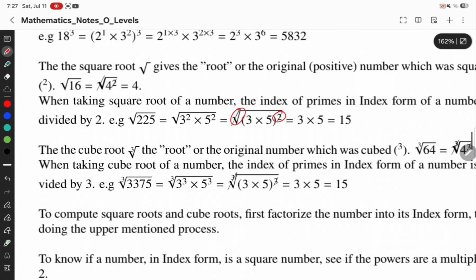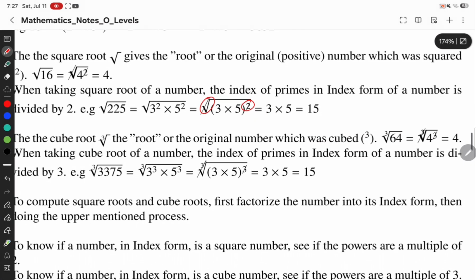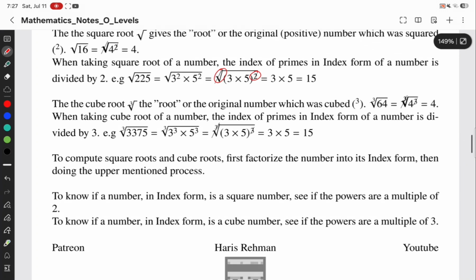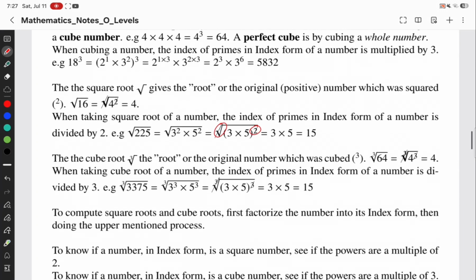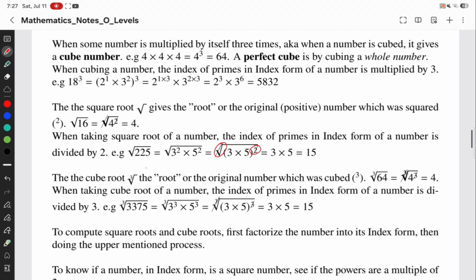Please, for God's sake, let's call it a cube root. The cube root gives, I didn't write this, it's a typo, sorry, gives the root of the original number which was cubed.